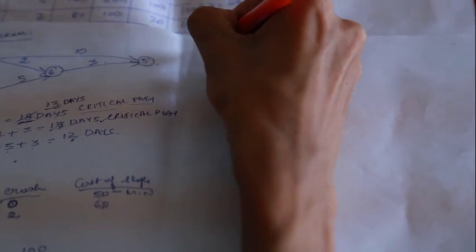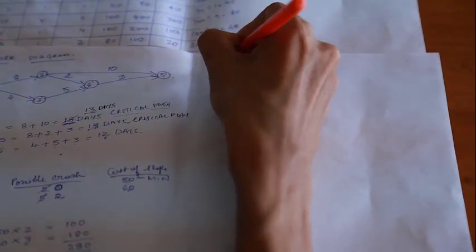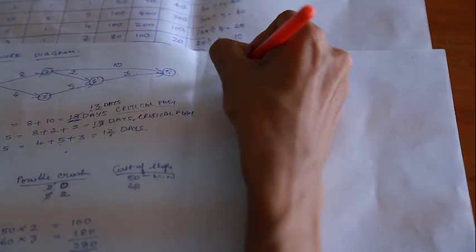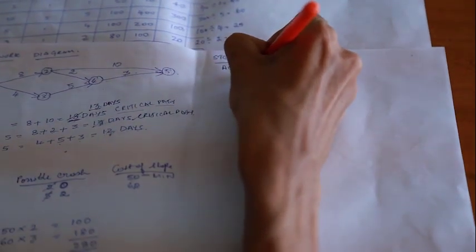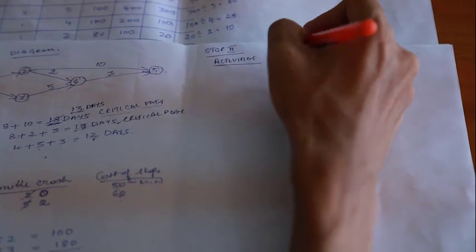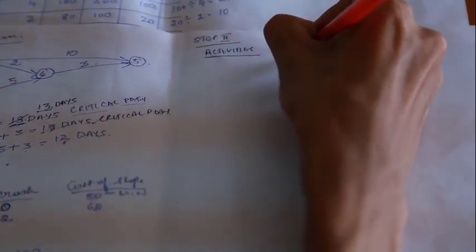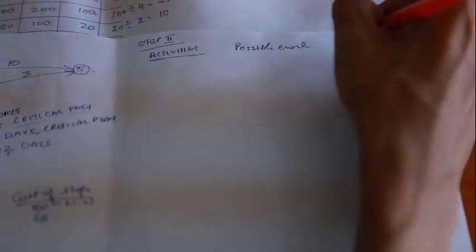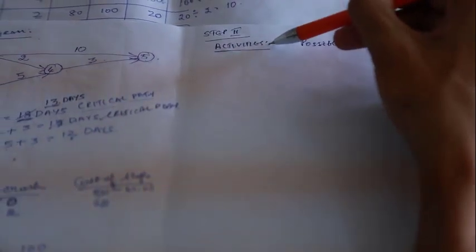Step number 2: we list out the activities of the critical path, then the possible crash, then the cost slope. I am going to list out the activities of only the critical paths.